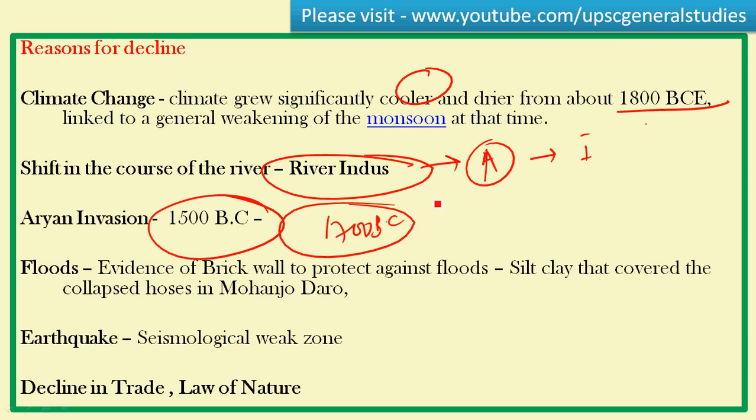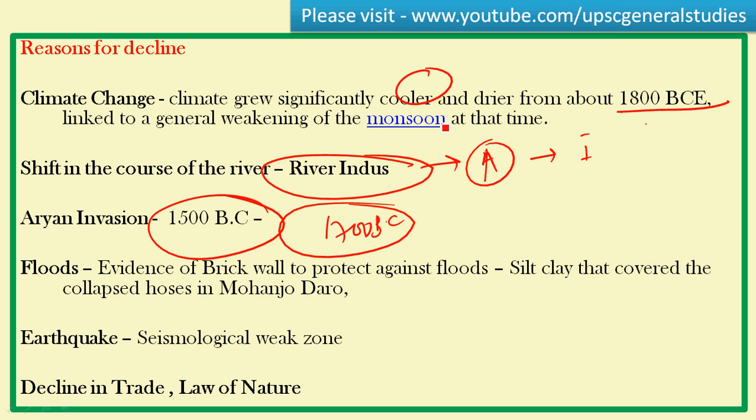The historians assume that Aryan invasion led to the decline of Harappan civilization. They called the locals Dasyus and Dasas, and attacked them, and this led to the destruction of this civilization. That was another theory.